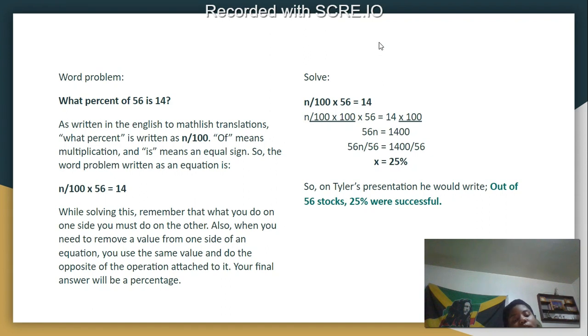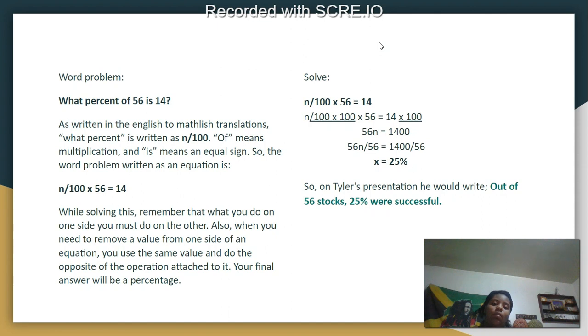When you attach a number to a letter with the number coming first, and then the variable, that represents multiplication. And so to isolate the n, you would have to divide away the 56. So you would do 56n divided by 56, and you would just be left with n.